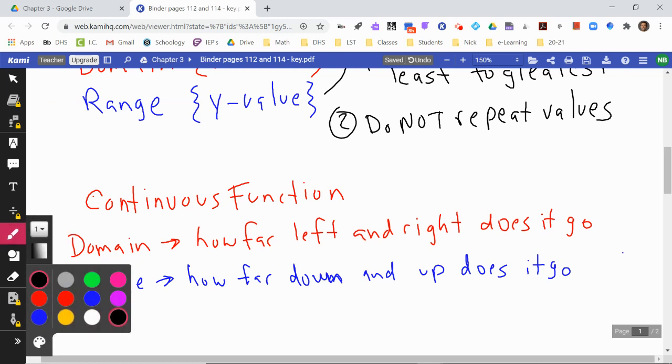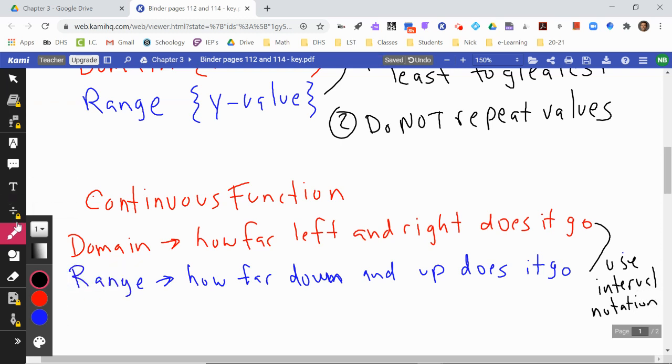And for both of these, when we list out our domain and range for my continuous function, we're going to use interval notation. That's going to be the brackets and parentheses with our infinity symbols. So our continuous function is going to look like these types of graphs here that are all connected.